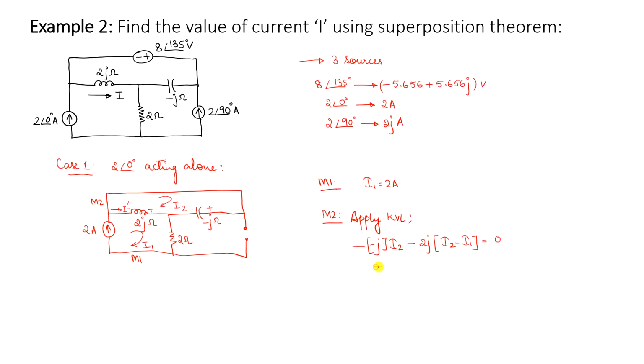So this becomes plus jI2 minus 2jI2 plus 2jI1 equal to 0.